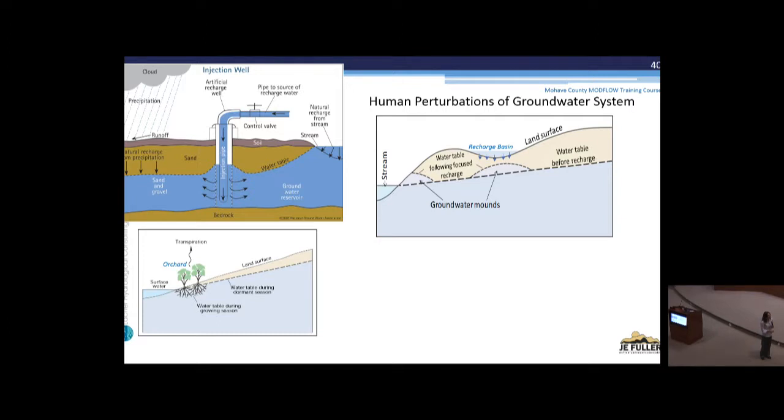And here's our same graphic before, except this time I put in a man-made recharge basin in this little swale. And so you can see a groundwater mound starting to develop. And remember, that's important. We talked about this earlier, but for those of you who weren't there, if you have an unsaturated zone between land surface and the water table, you don't really begin to see the benefits of any recharge until that groundwater mound is fairly close to the surface.